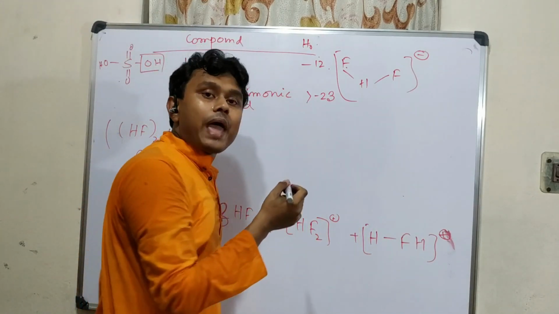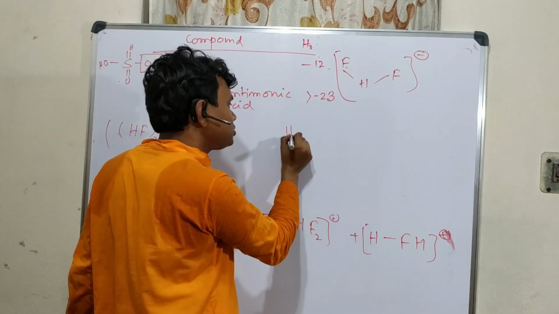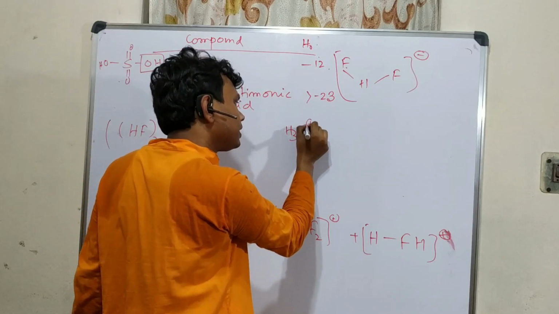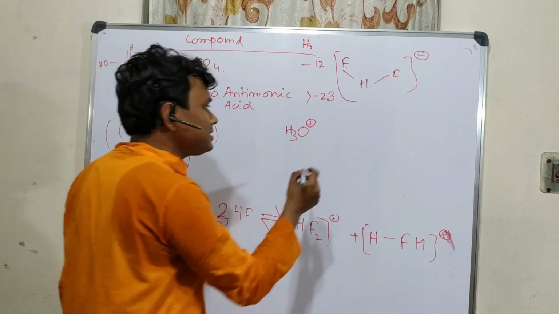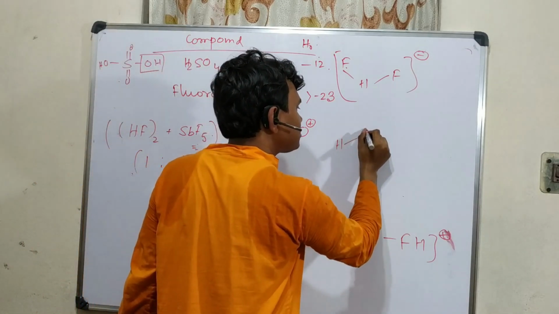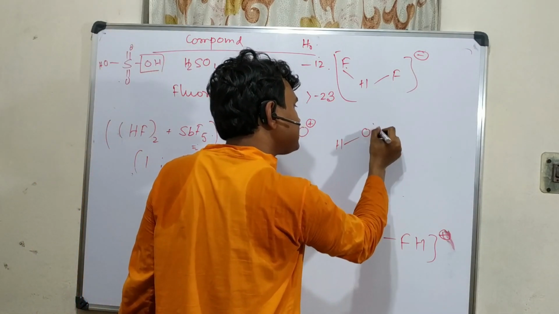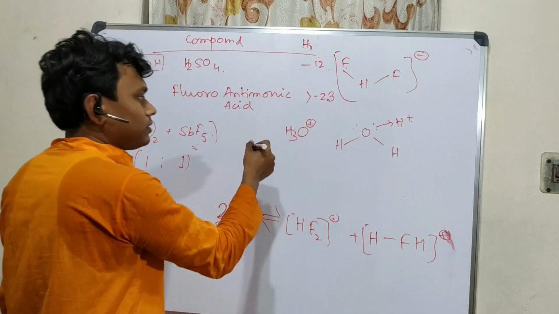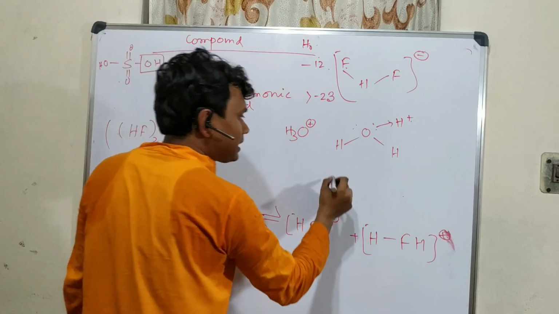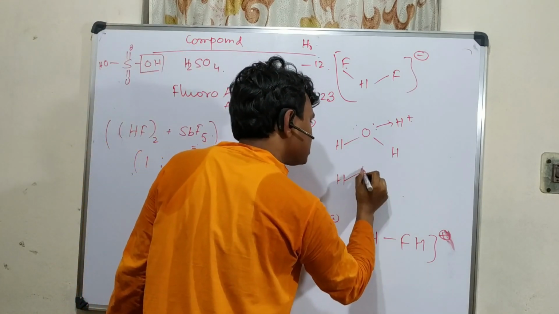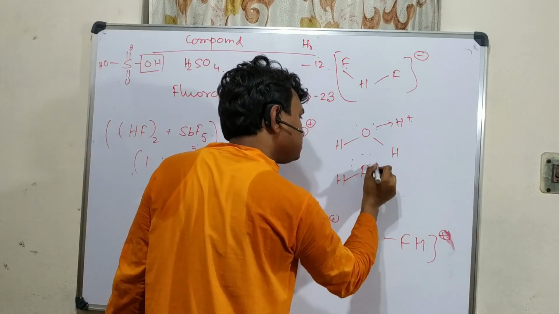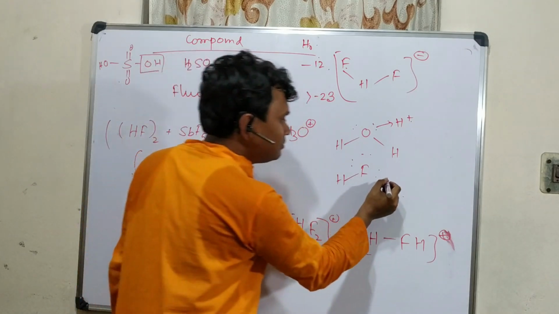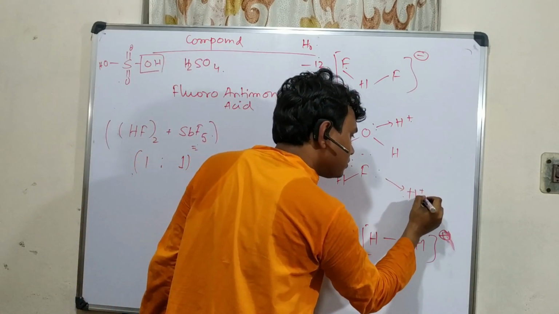And this is another exception, because when we write proton in aqua based acid, we generally write H3O plus. Okay, what does this H3O plus mean? H3O plus means this oxygen is attached to one lone pair. If in case of that we take HF, then it must be this, and it has 3 lone pairs, and similarly it is attached to a proton.